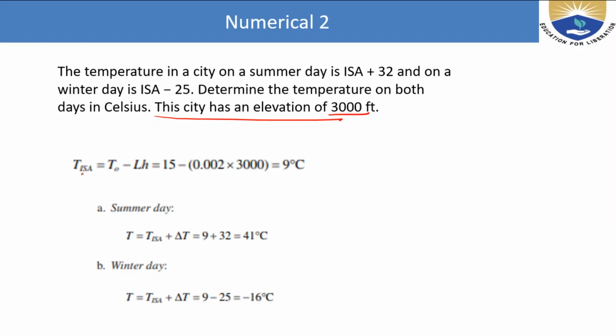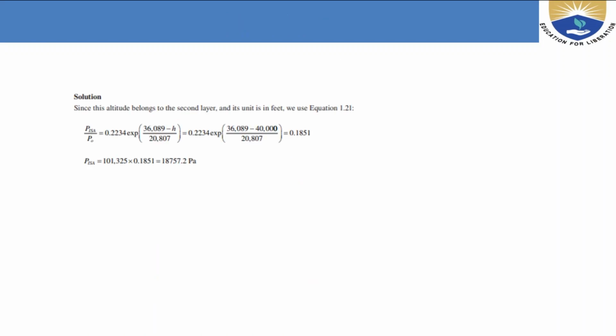So we know that T_ISA is equal to T naught minus L times H. T naught is equal to 15 minus 0.002 into 3,000, so you will get 9 degrees centigrade. In summer days, T is equal to ISA plus delta T. So 9 plus 32, 41. And in the winter days, it is 9 minus 25. You will get minus 16 degrees centigrade.